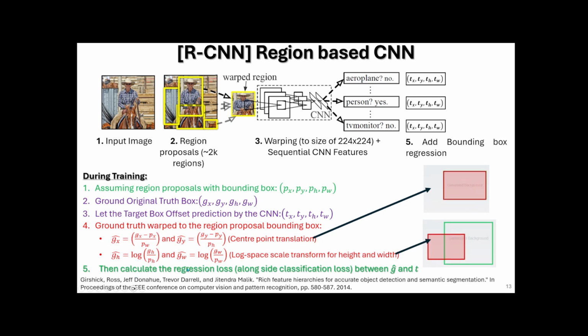And then of course you can calculate the regression loss between your model prediction T and G hat, not G, because G was defined on the original image. G hat, which we calculated here, is defined on the warped region. So this G hat needs to be calculated only once, because ground truth is not going to change while you are running the model. Okay, so that's the idea.